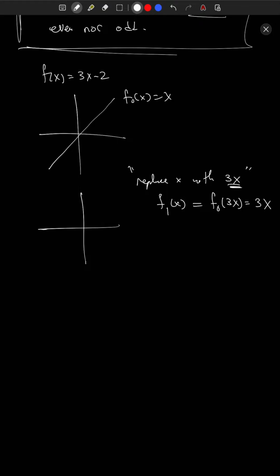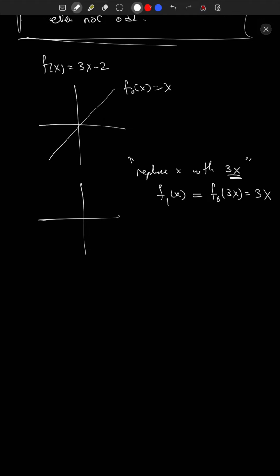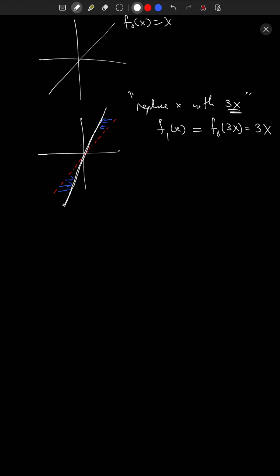And what that does is it compresses the above function by a factor of 3 towards the y-axis, right? So let me do the previous function here. It's being compressed towards the y-axis by a factor of 3. And so I end up with this graph right here. Okay, so this is 3x.